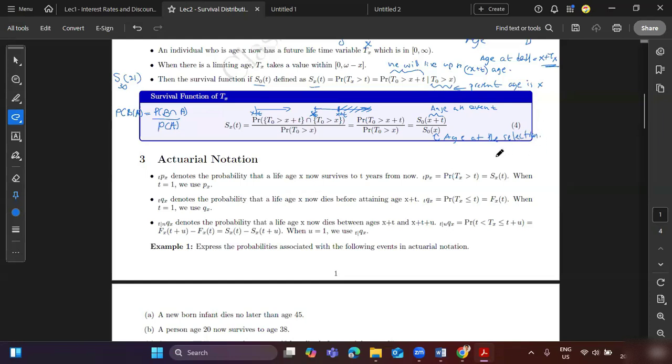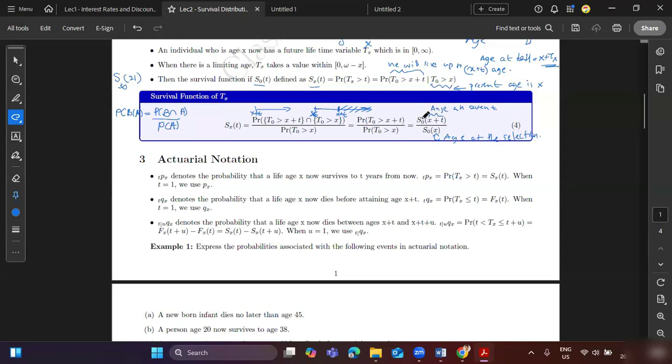So selection is the time that the person buys the insurance contract. And the event can be when that person withdraws from the contract, or when the contract is over, or when the death occurs.